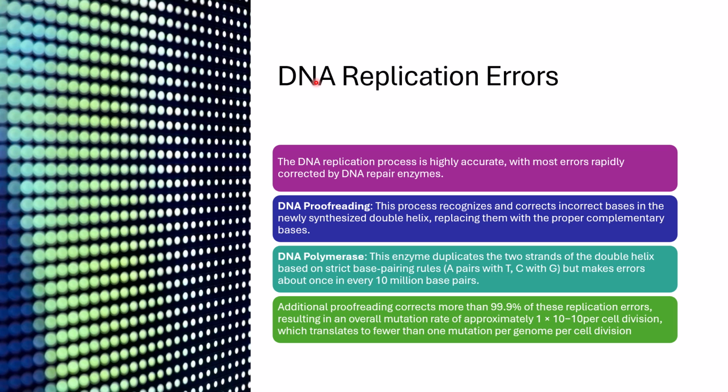And the error rate in this process is about 1 in 10 million base pairs. And you have to know that additional proofreading corrects more than 99.9% of replication errors, resulting in an overall mutation rate of approximately 1 times 10 to the power of minus 10 per cell division, which translates to fewer than one mutation per genome per cell division, which is a very, very rare occasion.